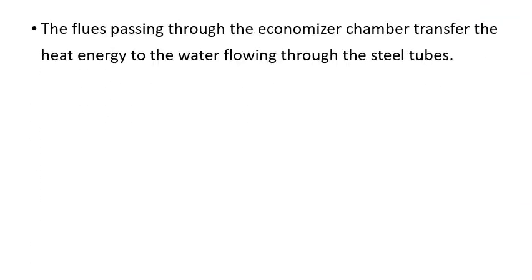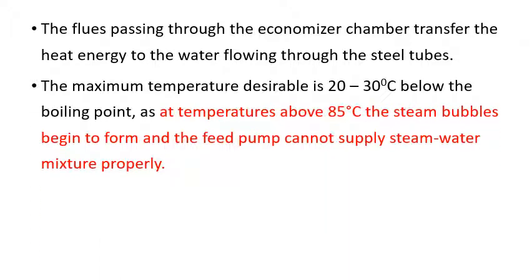The flue gas passing through the economizer chamber transfers heat energy to the water flowing through the steel tubes. As discussed earlier, it is heated to 20 to 30° below boiling, because at 85-90°, steam bubbles begin to form, and we know that the feed pump cannot handle both phases.